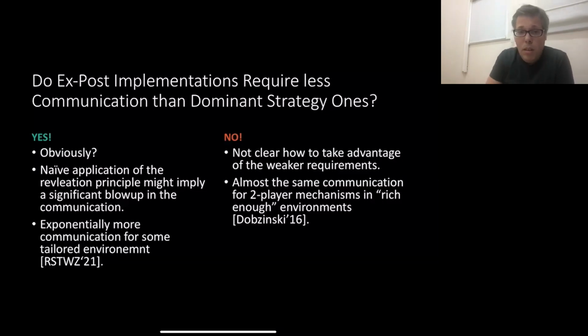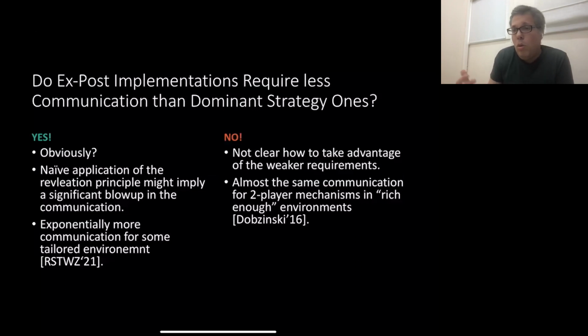And in fact, only recently there was the first example in which we know that exponentially more communication is required for dominant strategy implementation compared to ex post implementation. But that example was for one particular tailored environment, and not for environments that we care about.